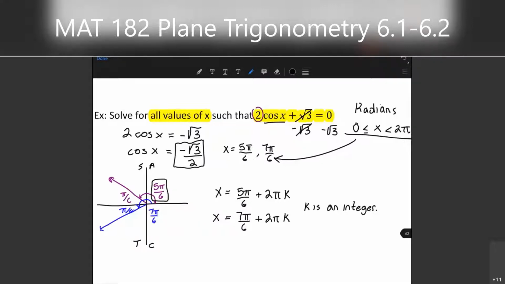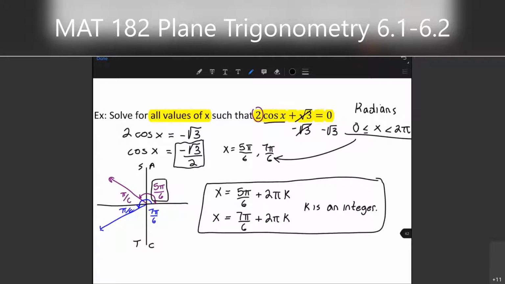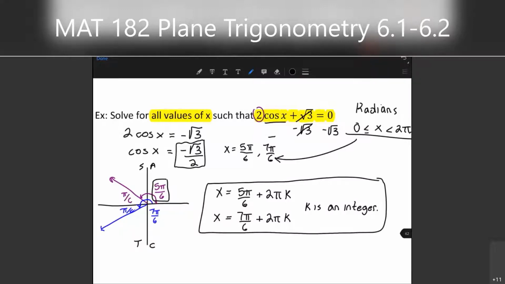How do you know when to stop once you start using 5 pi over 6 plus 2 pi k? So in terms of finding these angles or doing the coterminal stuff? Because I know in 6.3 you need to do an entire list.